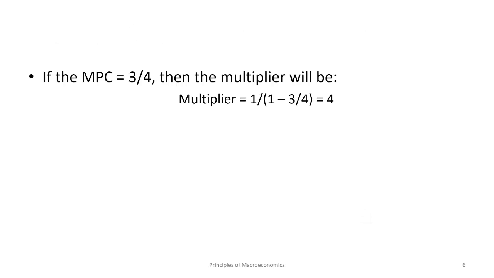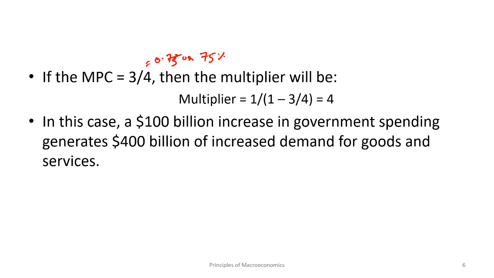Let's say our MPC is 3/4. So our multiplier is 1 over 1 minus 3/4, which is 4. So in this case, a $100 billion increase in government spending generates $400 billion of increased demand for goods and services. Why so?